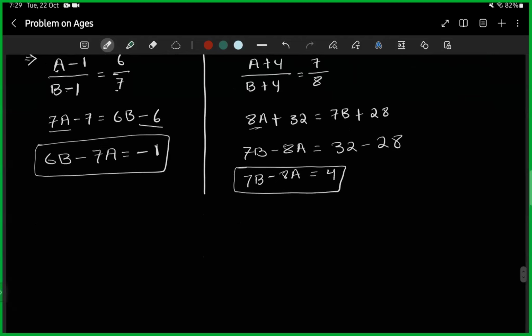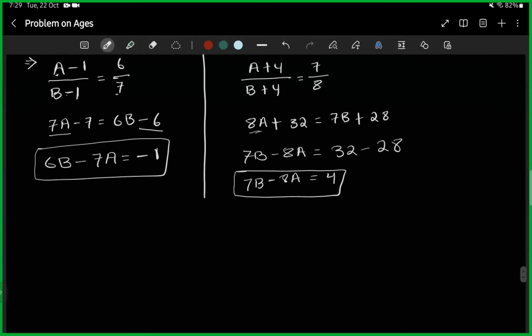So now, consider this as equation 1 and this as equation 2. Since equation 2 has a bigger number on the right hand side, we will be subtracting equation 1 from equation 2. This will give you 6B minus 7A equal minus 1.